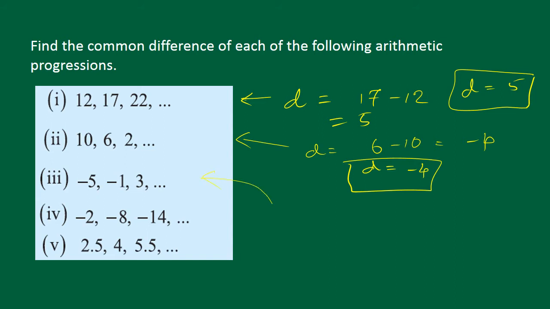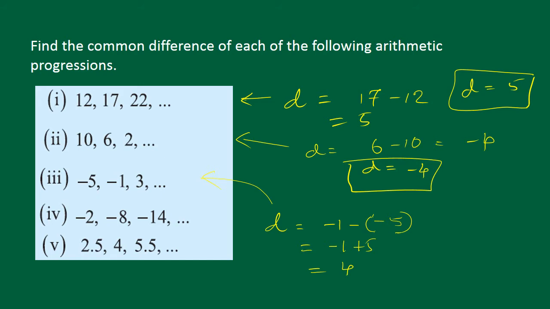In this one d is minus 1 minus (minus 5). You have to use these brackets because it is very easy to get confused with the signs. So I recommend you to always use these brackets with this type of numbers. Then minus 1 plus 5, and you get 4. Common difference is 4.